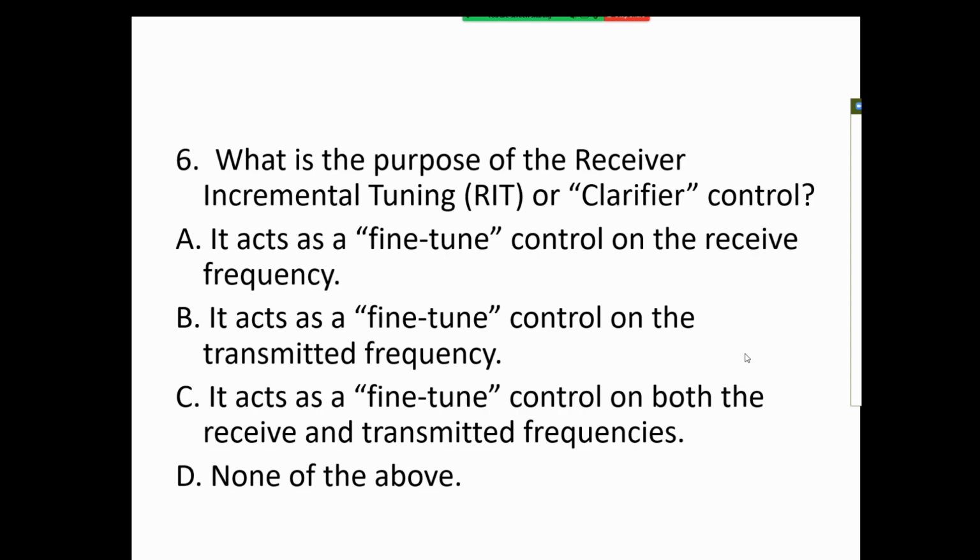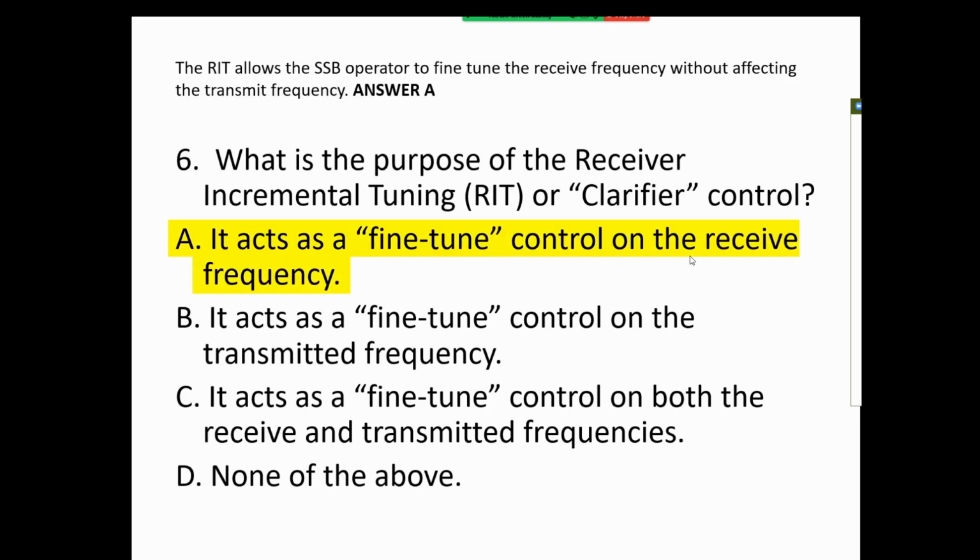I'd be tempted to give half credit for any of the two answers, but if you can zero down to the receiver, which is part of the question, what is the purpose of the receiver tuner? It's to fine-tune the receive frequency. So a careful reading of the question should get you to the right answer.